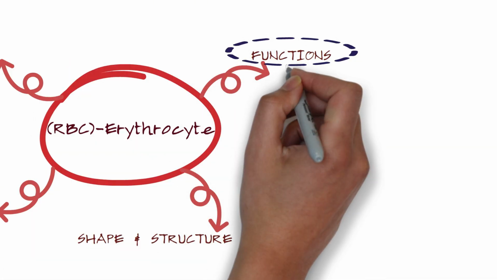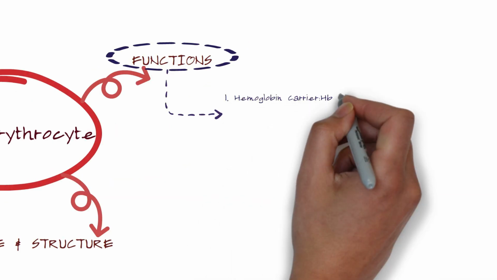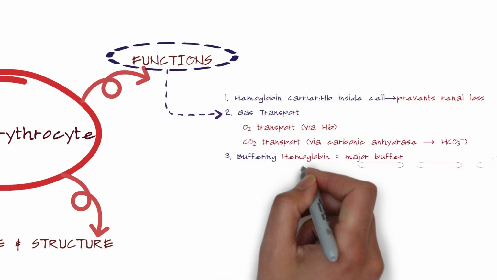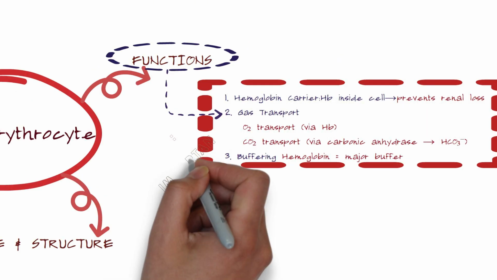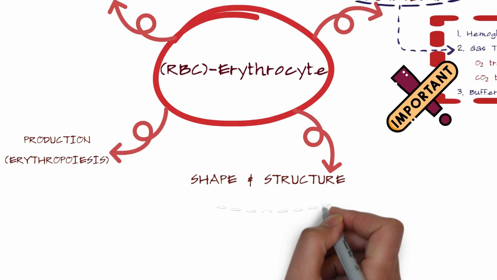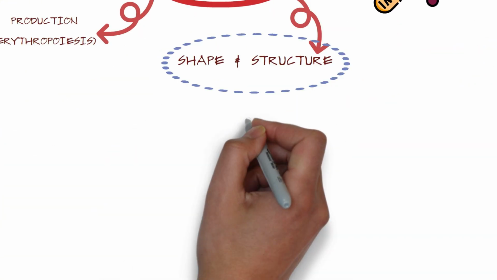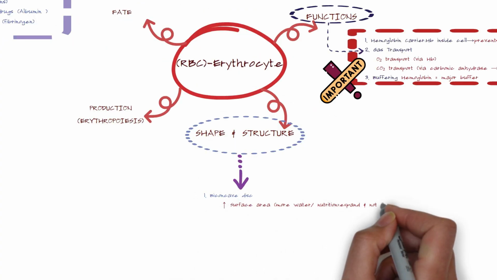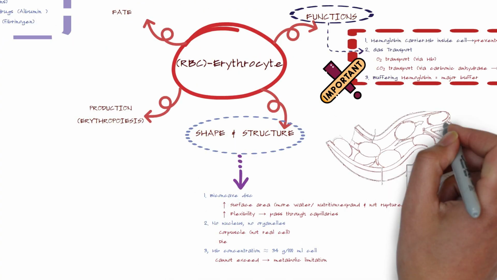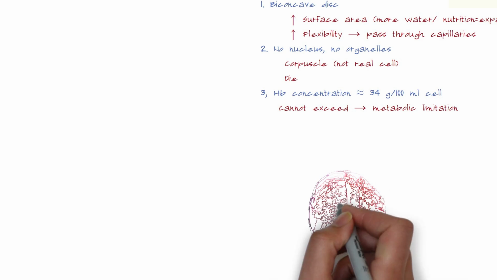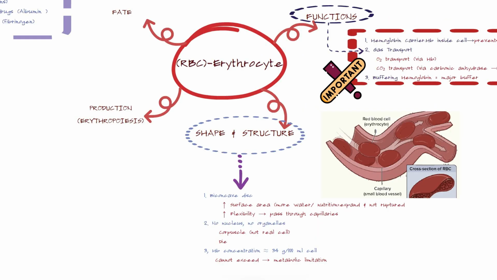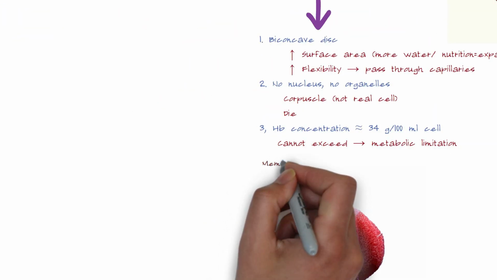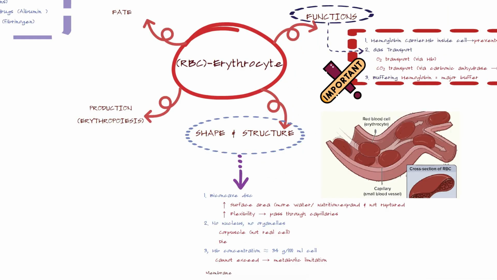The production, or erythropoiesis: the site is the embryo, in the yolk sac, liver, spleen, and lymph nodes, but after birth it is mainly and only the bone marrow. The steps are from the stem cell, proerythroblast, erythroblast, reticulocyte, and RBC. As we move from the proerythroblast to the RBC, we lose the nucleus and organelles, which are replaced by the hemoglobin.